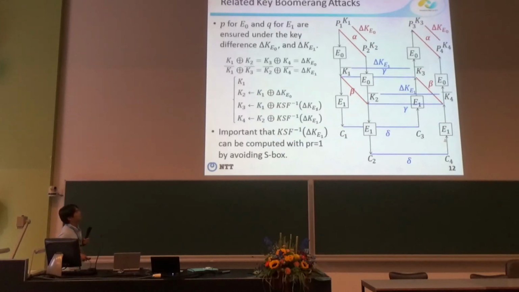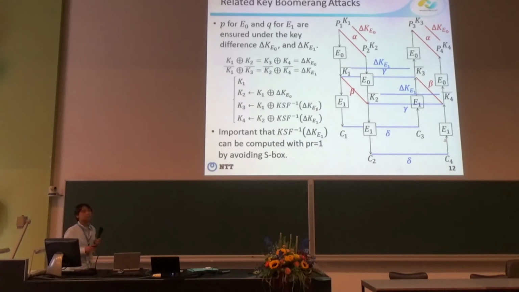Okay, and in the related-key setting, it's a bit more complicated. Besides the difference alpha, we can use the key difference for the first half. And for the latter half, besides the input difference gamma, we can also have a key difference defined between K1 and K3, or K2 and K4.